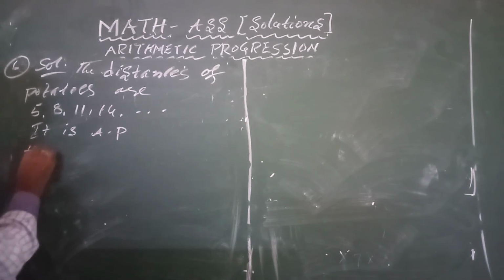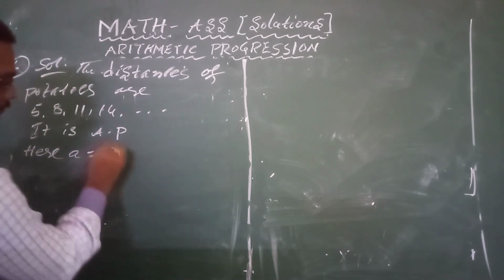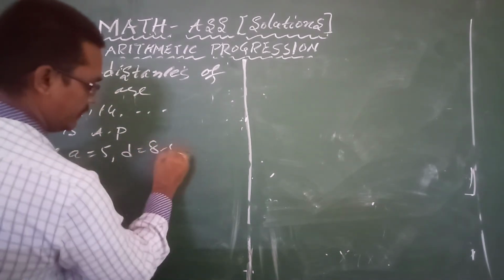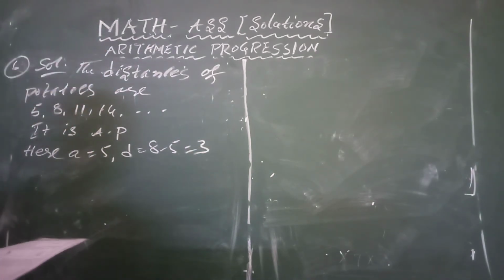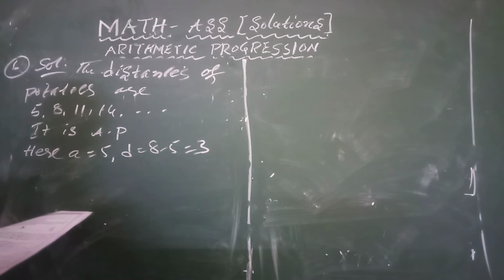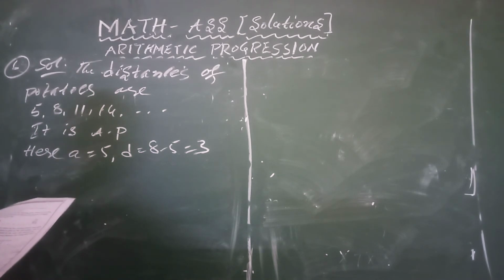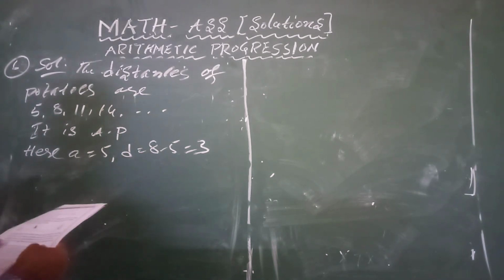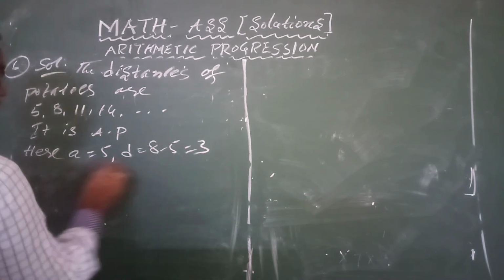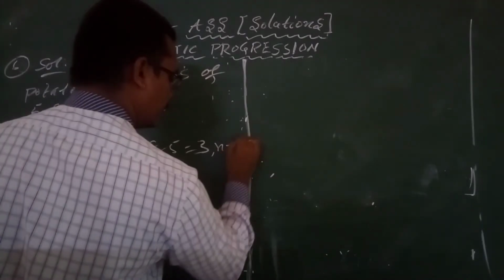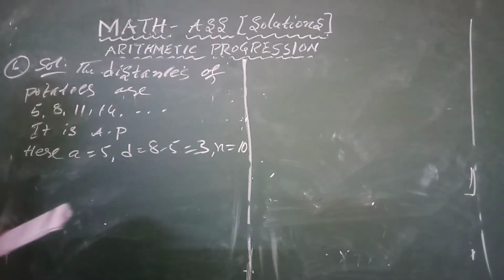So here a is equal to 5, d is equal to 8 minus 5 is equal to 3, and number of rows is given, total number of rows is equal to 10 given. So n is equal to 10.